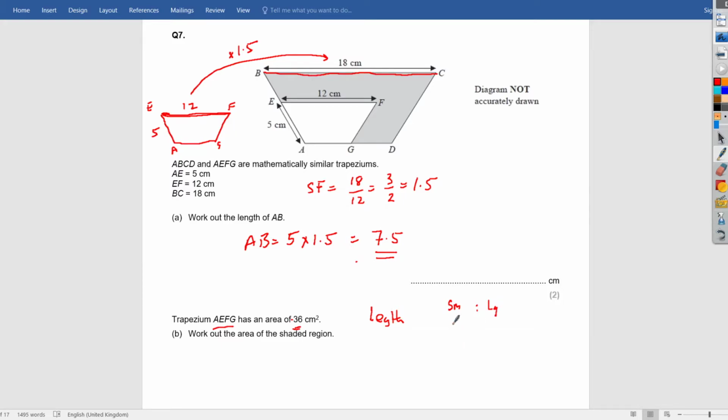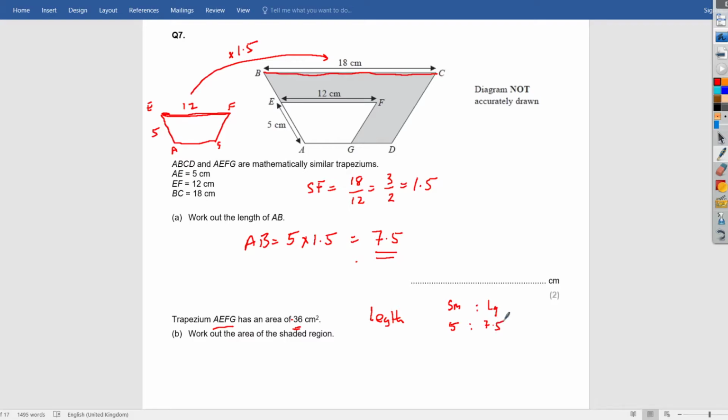Okay, so whatever the small shape was, in this case the length, this length was 5 here. The larger length was 7.5.